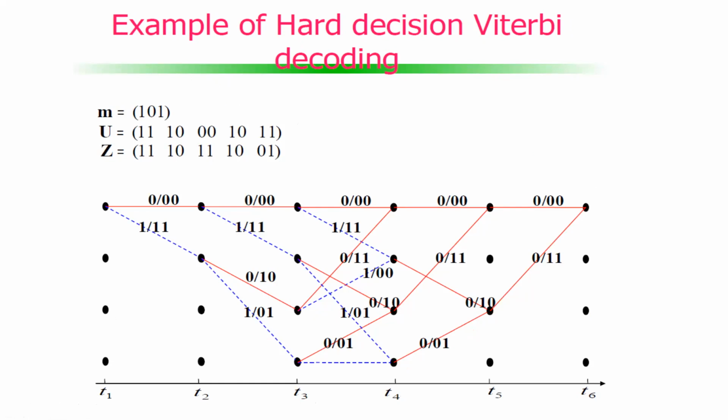I don't know whether this is the correct code word or not, because I don't know what was transmitted. At the transmitter, these message bits are appearing. Message bits are not appearing at the receiver. The receiver receives only this data: 11, 10, 11, 10, and 01.